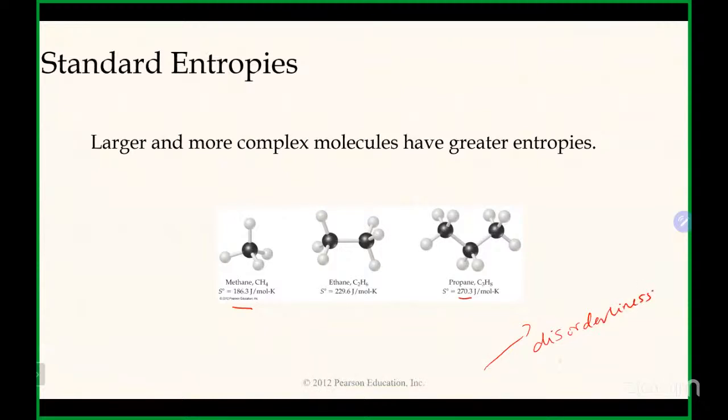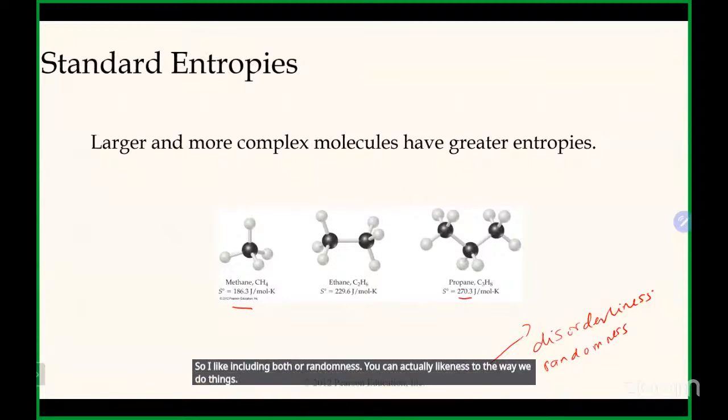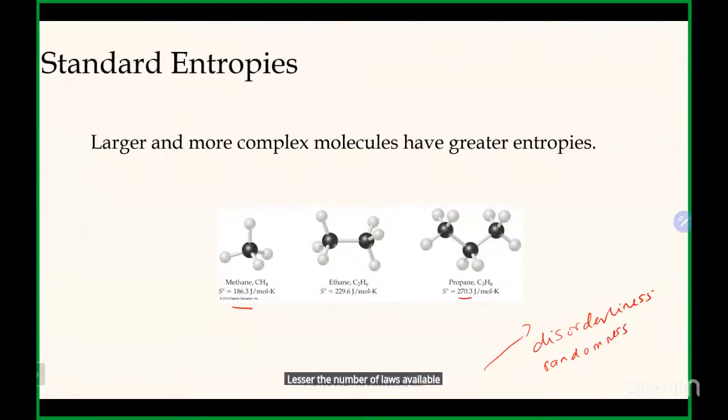So I like including both, or randomness. You can actually liken it to the way we do things. The lesser the number of laws available, the more people will behave randomly. If you are driving and there's no street lights, no anything, what happens?